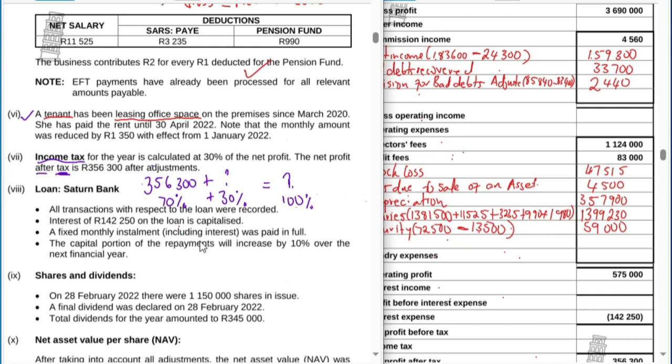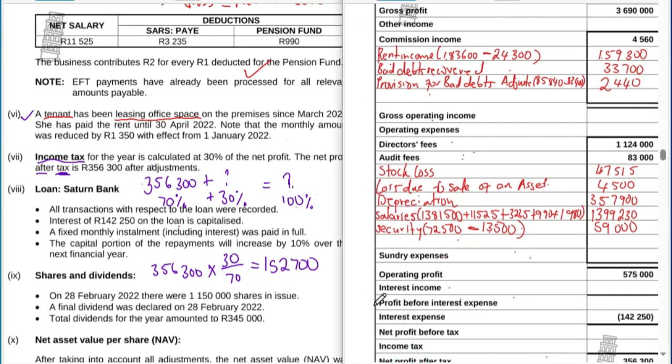We have the net profit after tax, 356,300, multiplied by what we are looking for, which is 30% income tax, divided by what we have, which is 70%. So 356,300 multiplied by 30 divided by 70, and we find out that our income tax is 152,700.